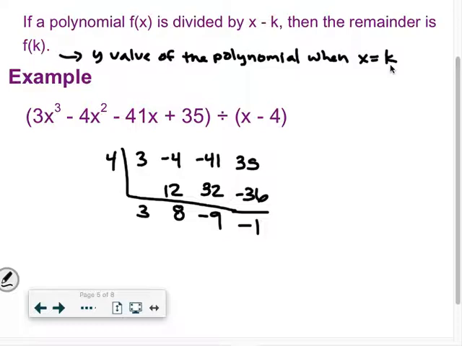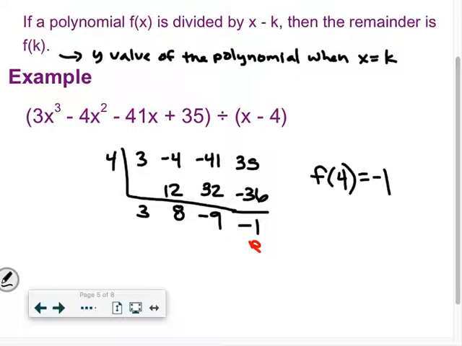Okay, so back it up to our remainder theorem. If a polynomial f of x is divided by x minus k, which is what we just did, then the remainder is f of k. So think about down here at the bottom, which one of these numbers represents your remainder? Negative 1. So that's my f of k value. K is 4, so it's saying f of 4 is equal to negative 1.